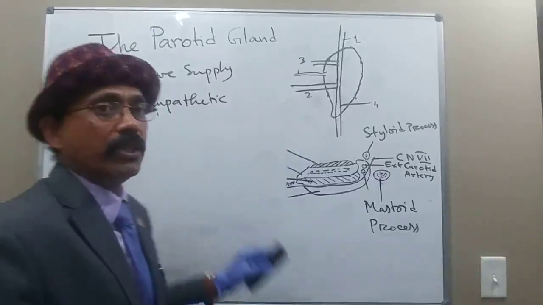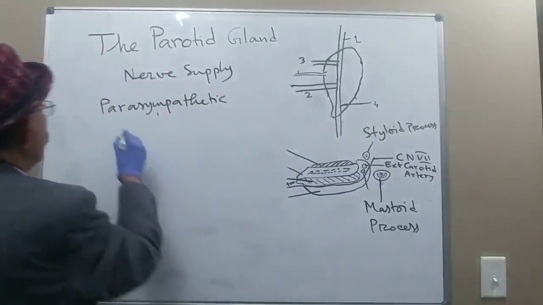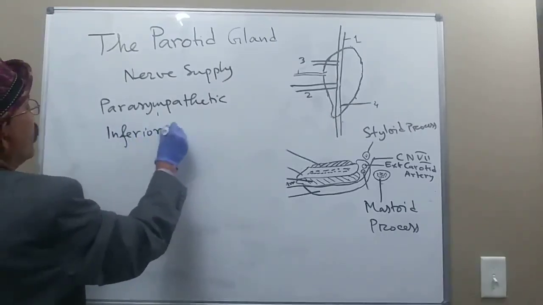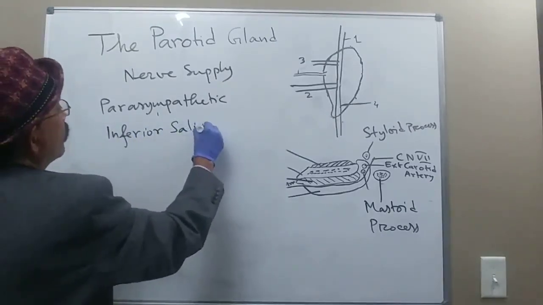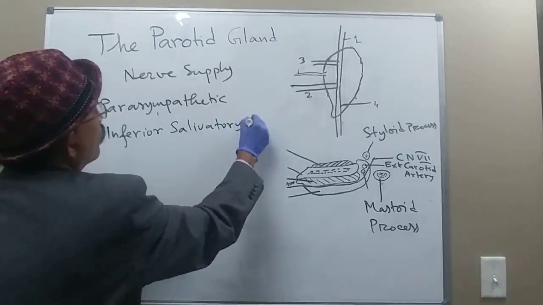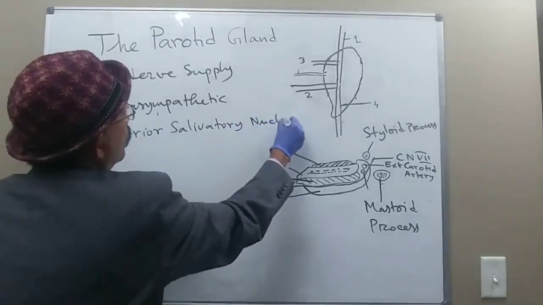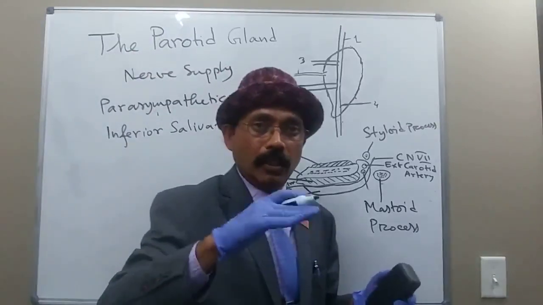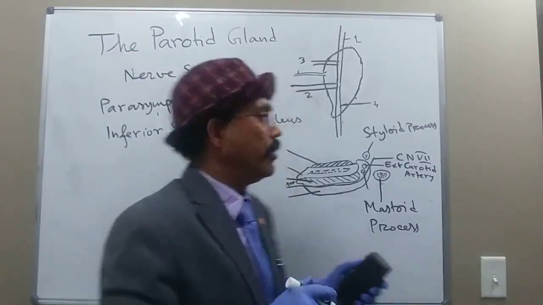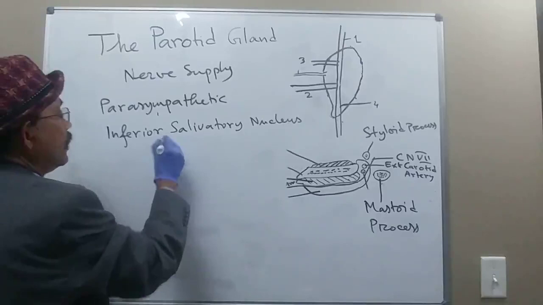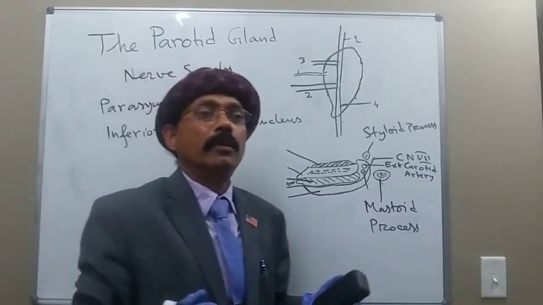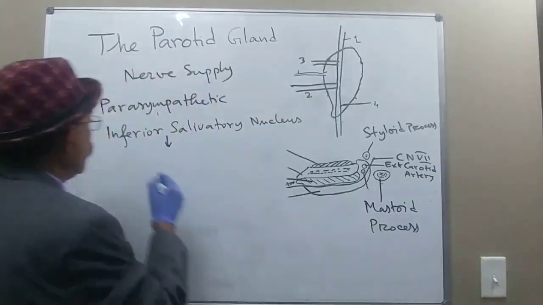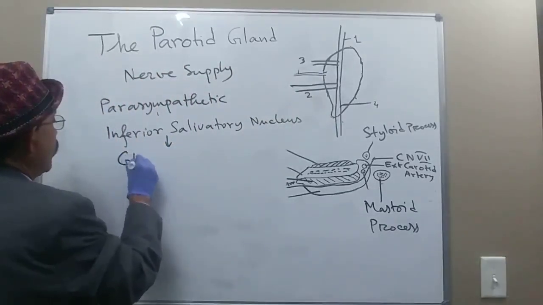Okay, so what is the source of parasympathetic nerve supply? It should come from the inferior salivatory nucleus, that is present at the junction between the pons and medulla oblongata, lower part of the pons and upper part of the medulla oblongata. From there, it will go to the ninth cranial nerve, that is the glossopharyngeal nerve.